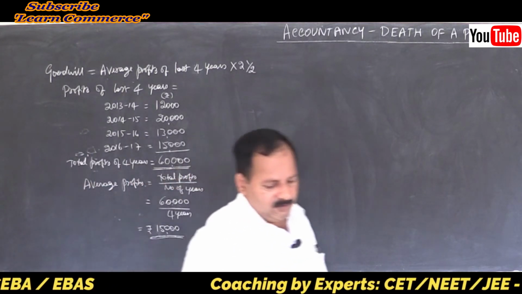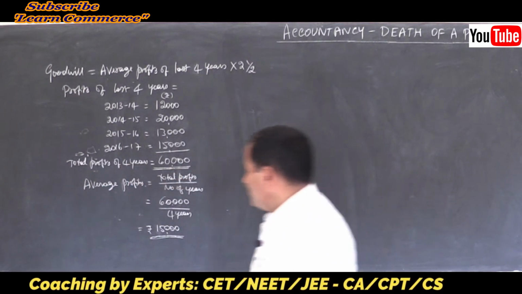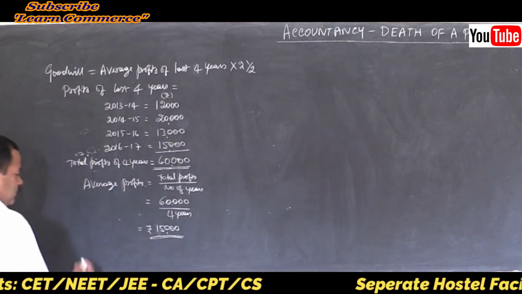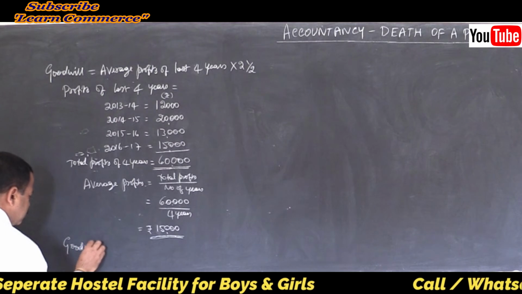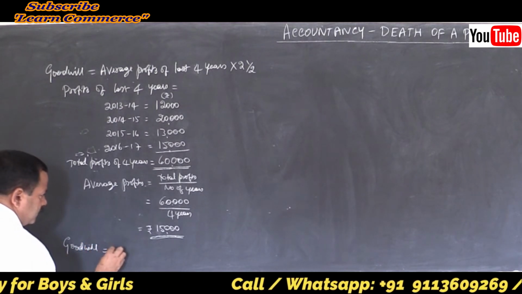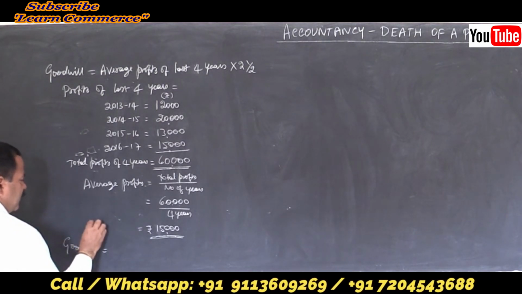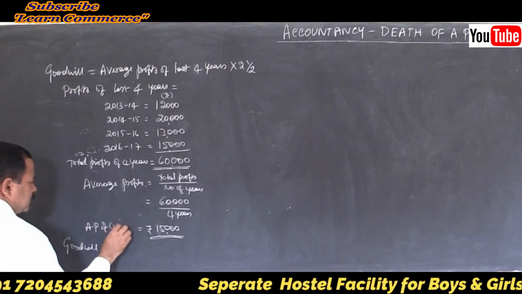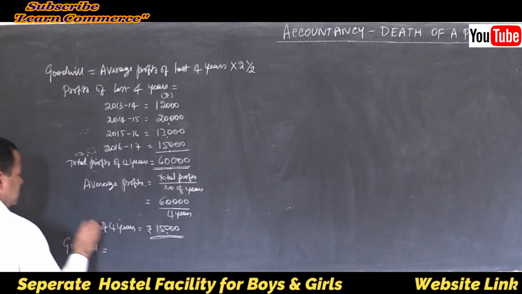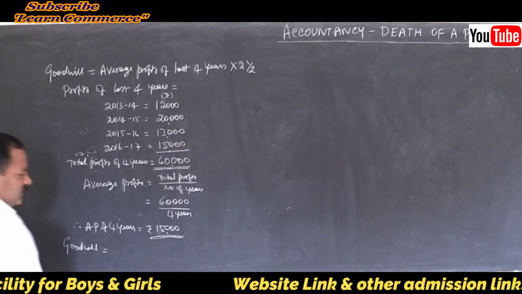15,000. Now, goodwill is equal to, this is what? Average profits of 4 years. Therefore, average profits of 4 years rupees 15,000.